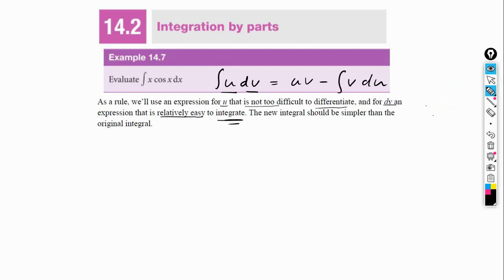So in this case, either one is easy, but let's just choose x as u, and then we can use cosine of x dx as derivative of v. So u would be x, and derivative of v we can say is cosine of x dx.